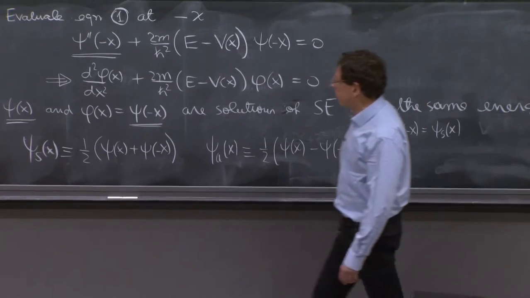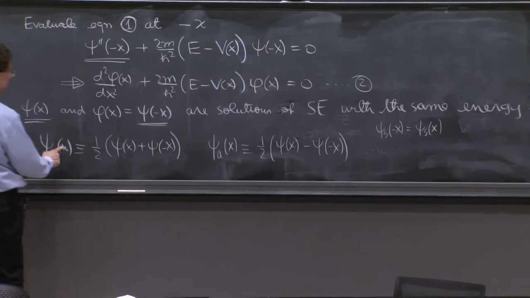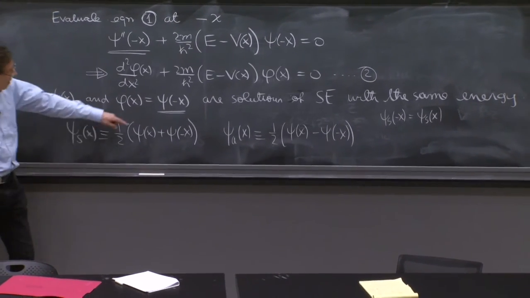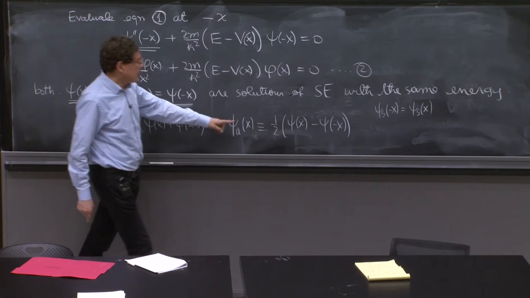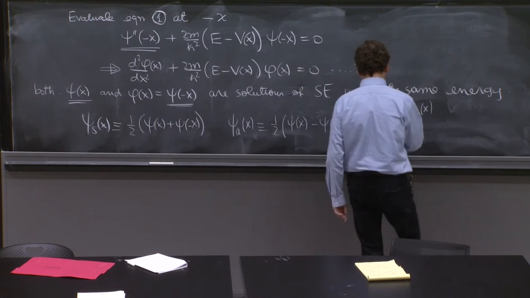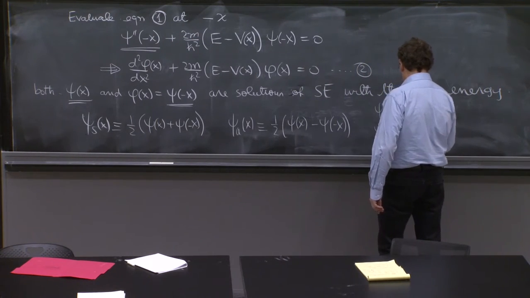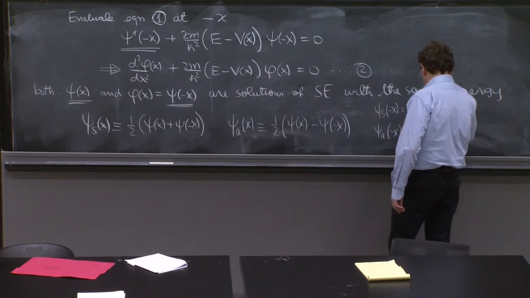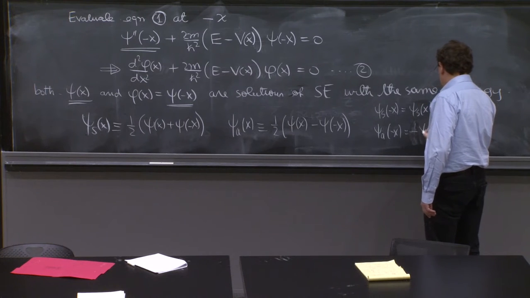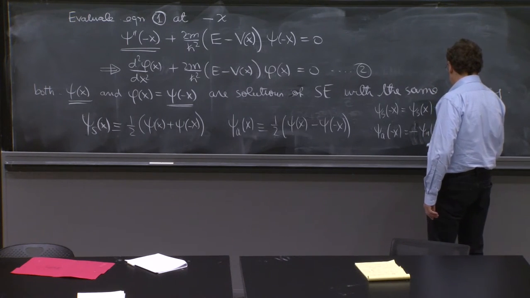It's symmetric. If you change x for minus x on the left-hand side, well, this goes into that. So it's unchanged. Here it's changed by a sign. So psi a of minus x is equal to minus psi a of x.